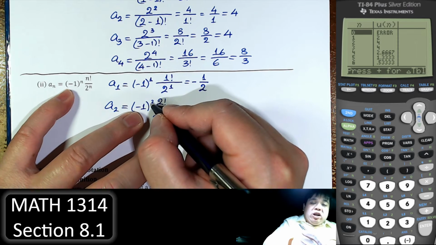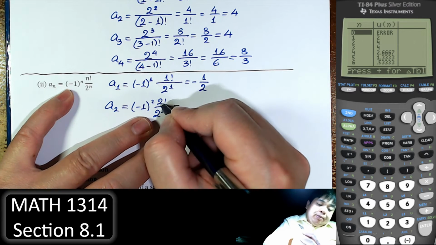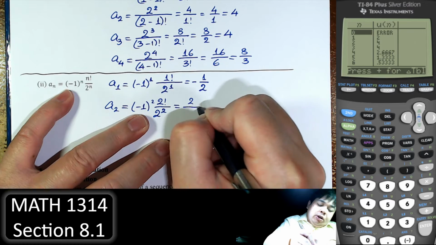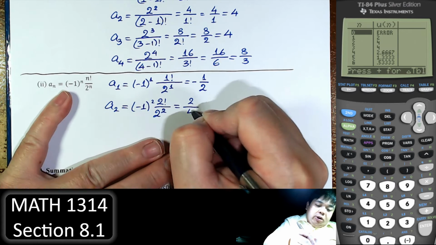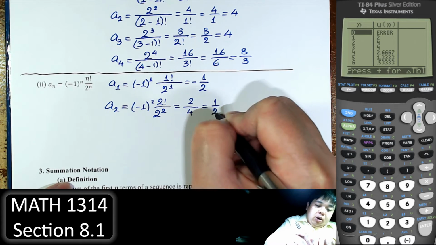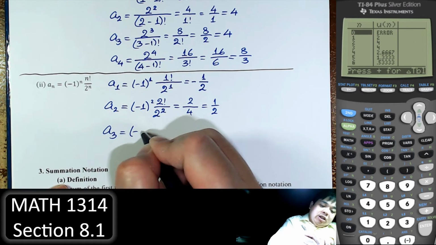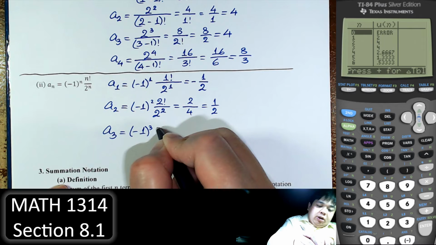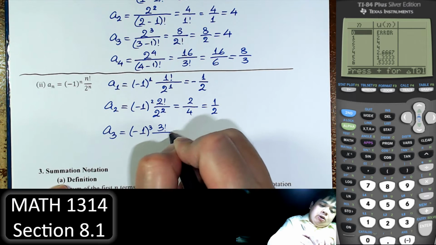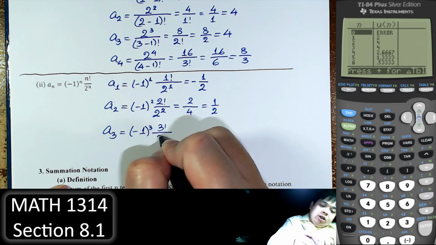Negative 1 squared is 1, so just 1, 2 factorial is 2, 2 squared is 4, so 1 half. A sub 3, negative 1 cubed, 3 factorial over 2 cubed.